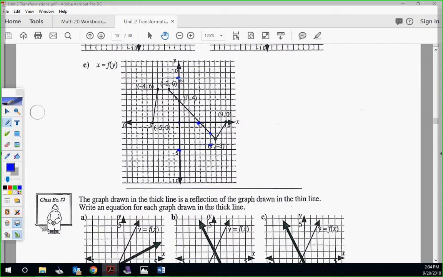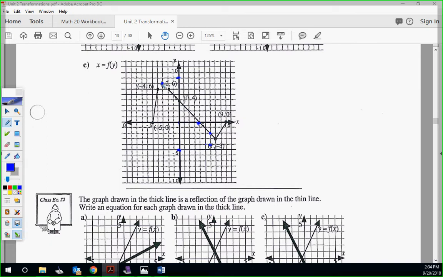Let's see what else we want to do. 7, negative 3 becomes negative 3, 7. Right there. Okay.